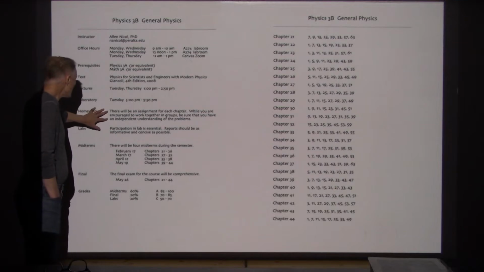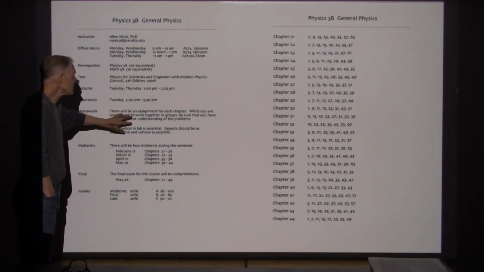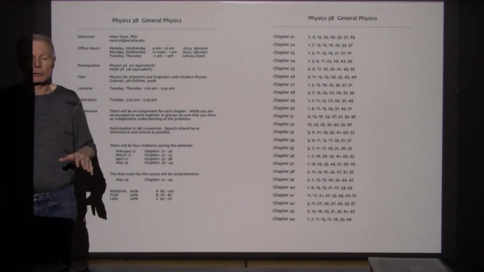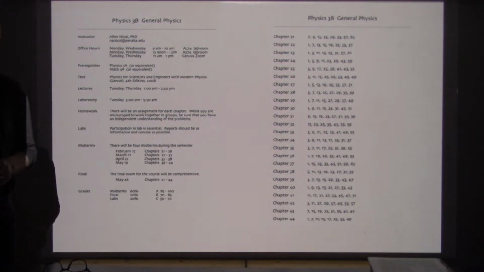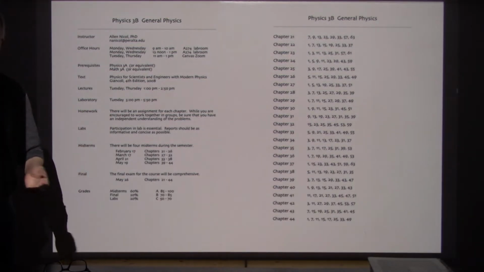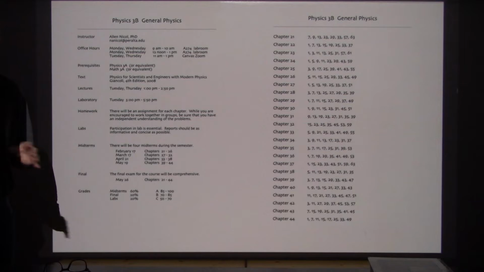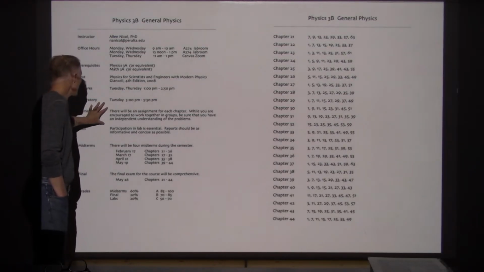So when you're doing the homework in groups, make sure that you're able to go off on your own and independently set the problem up, carry through the algebra, and solve for whatever the problem is asking for. Make sure you can do this independently.